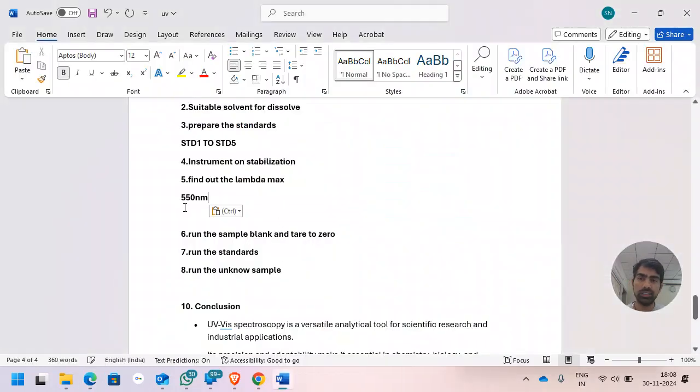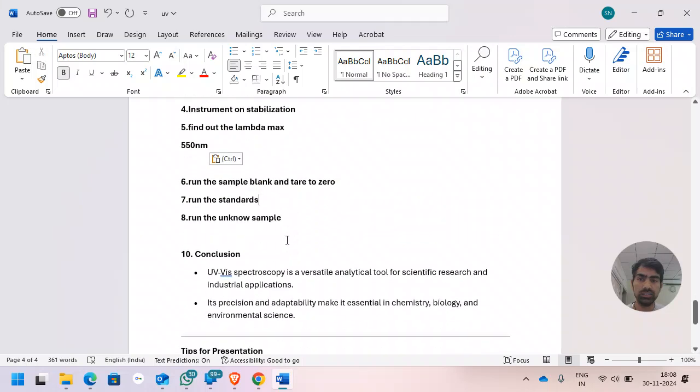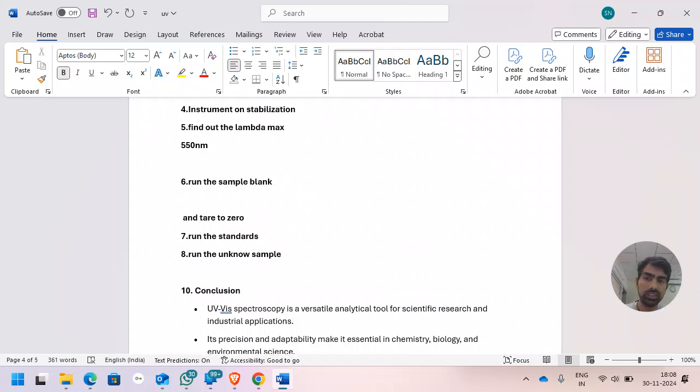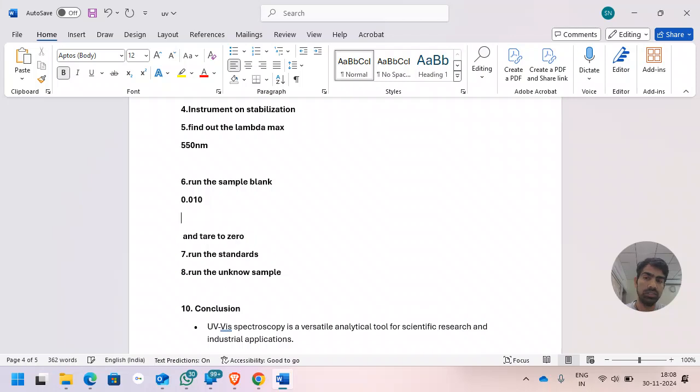We found the lambda max, the nanometer at which we need to measure the values. After that we run the sample blank and tare to zero. For example, we prepared the KMnO4 in water, and the water gives some absorbance, 0.010, but we tell the instrument to tare that value to zero.